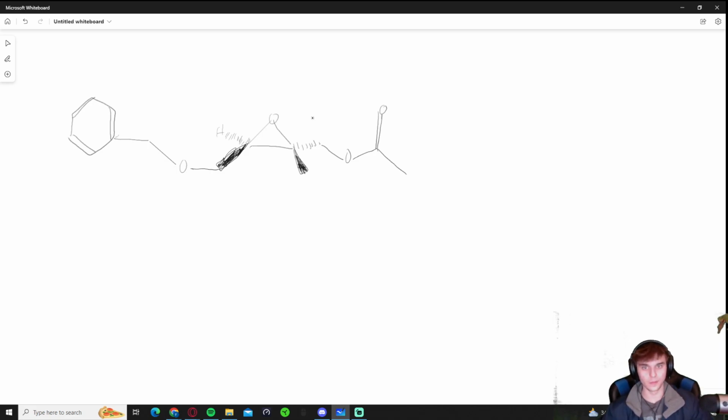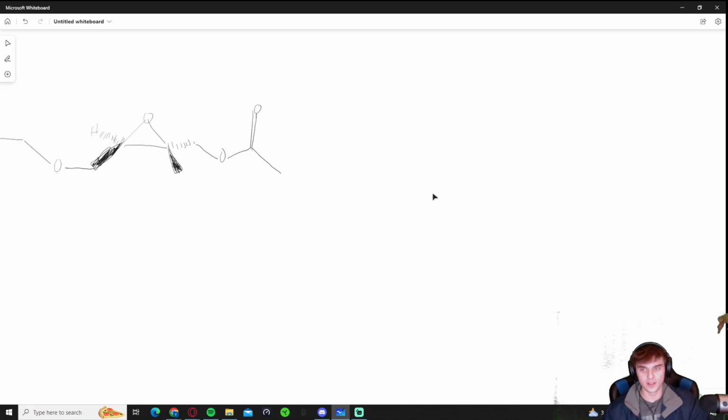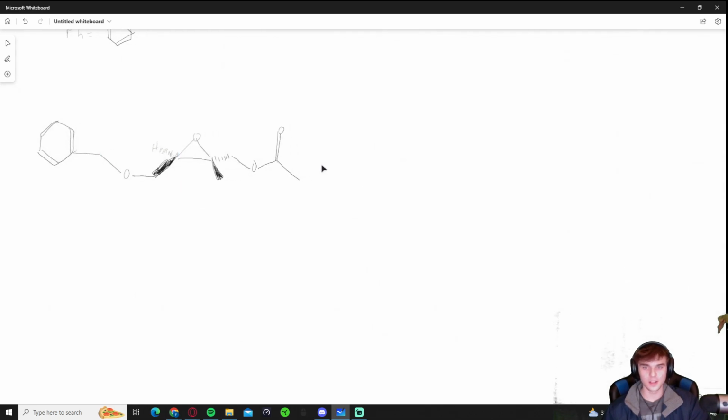Now, draw a mechanism for this to turn into... Let me draw the product now. I'm not even done. See, I'm just going to abbreviate Ph. O. Ooh, that is a weird looking... I don't even know if there might be even a fill tool that I could be using to fill in these wedges.